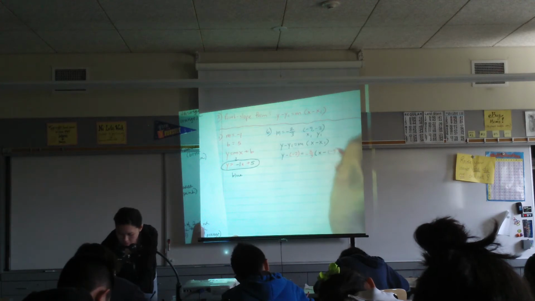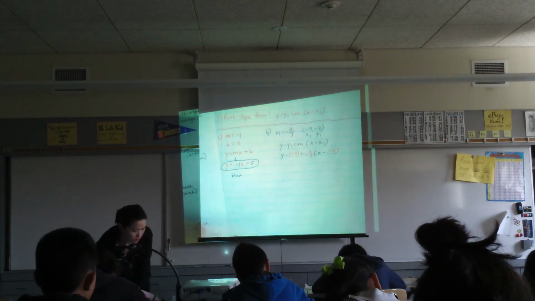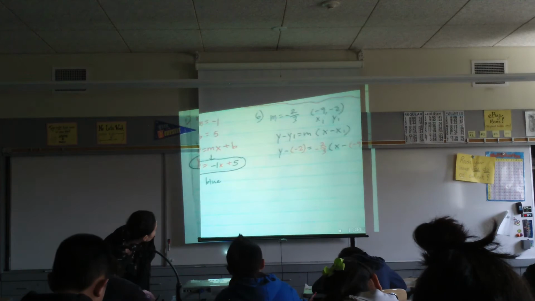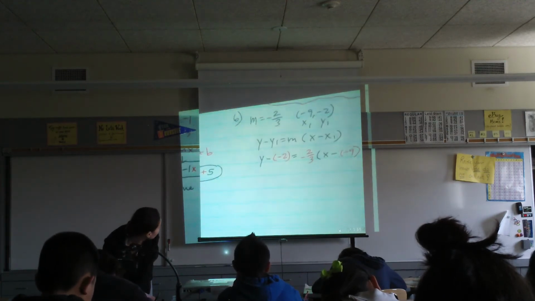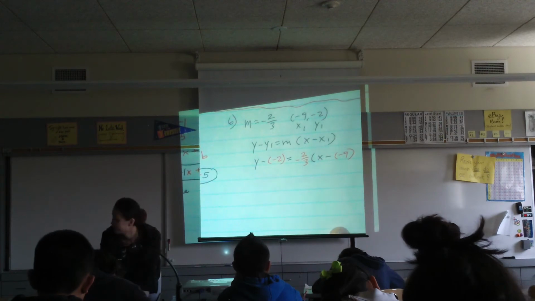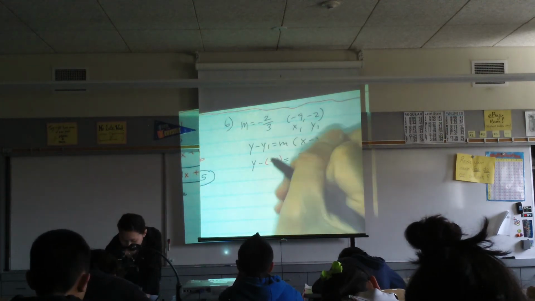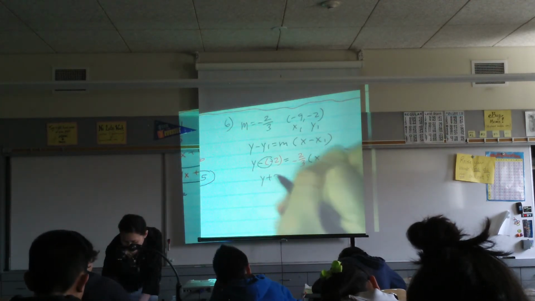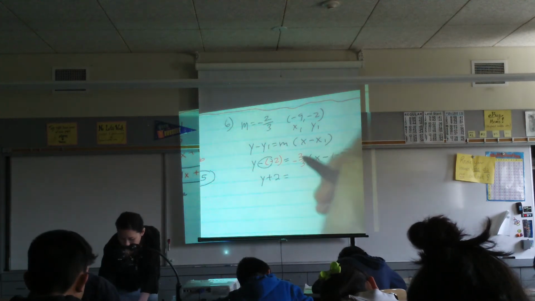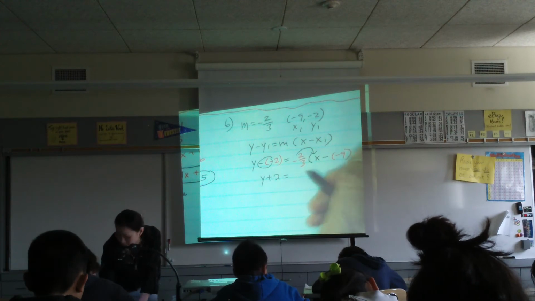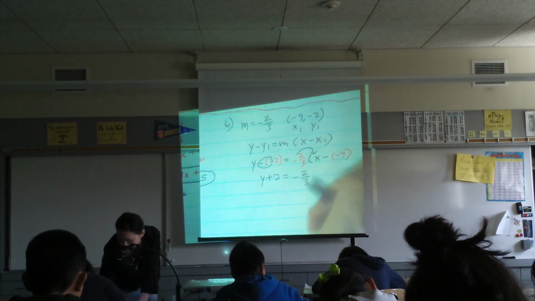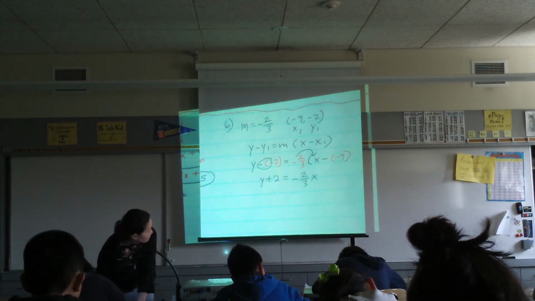Okay, what do I do now? Y plus 2. Change the negative 2 to a positive, yes. And then equals -2 over 3 x. So distribute, -2 over 3 times x, -2 over 3x, and then the minus -9 will be a positive 9.